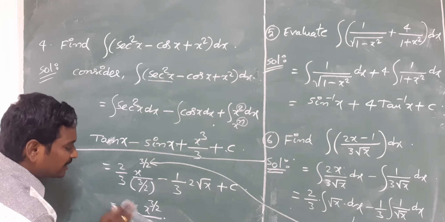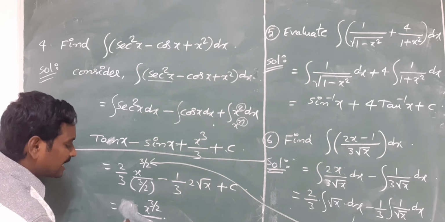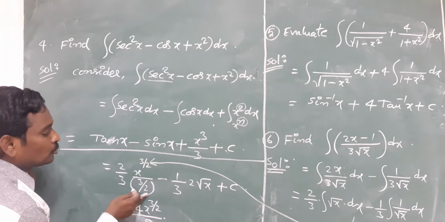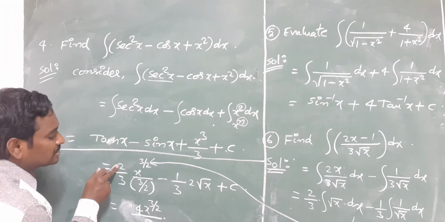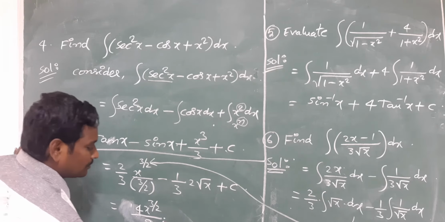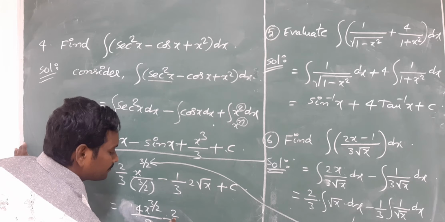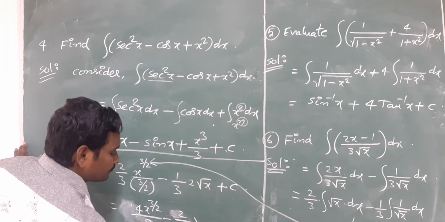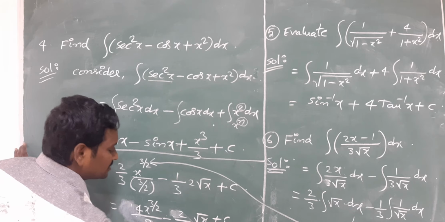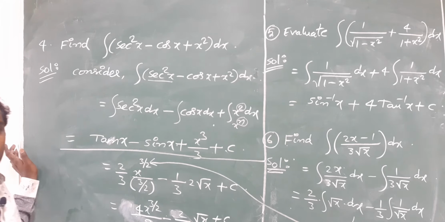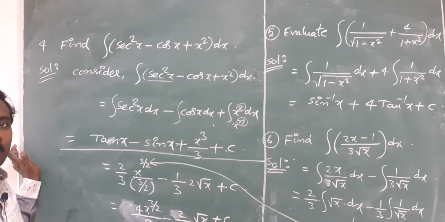That's why directly you can write 4 by 9 x power 3 by 2, minus 2 by 3 of root x plus c. This is the integration of this problem. Please note down. I will give you another set of problems now.